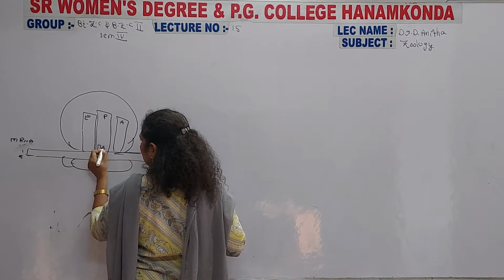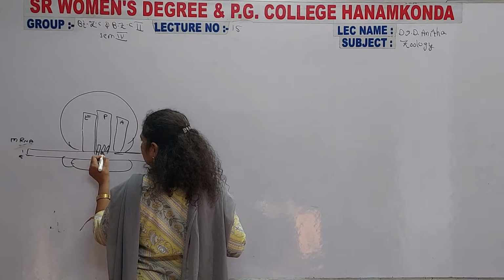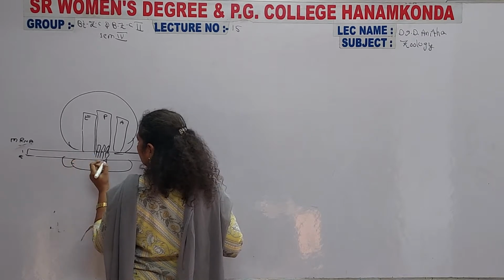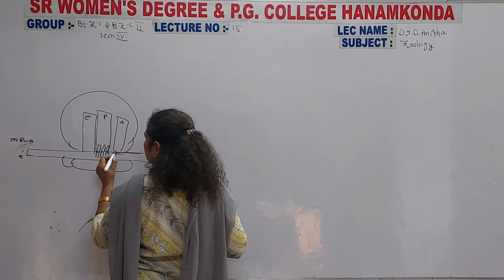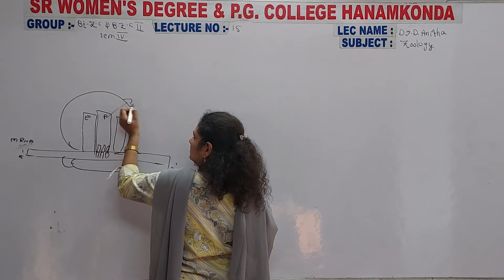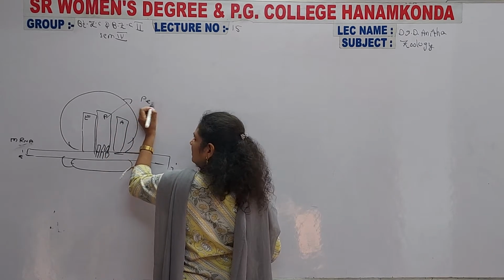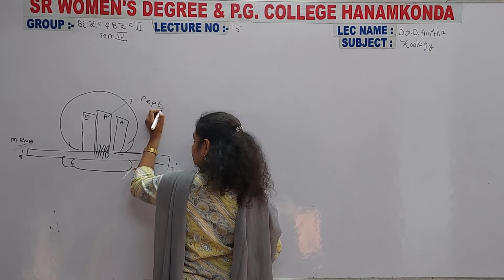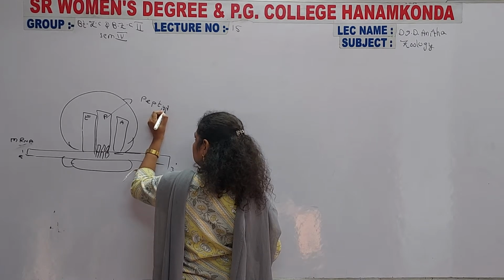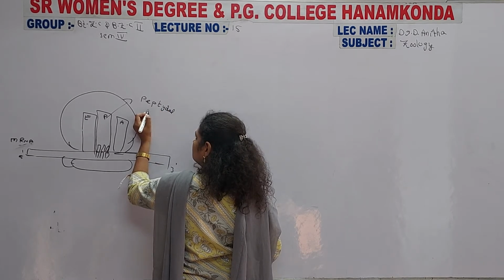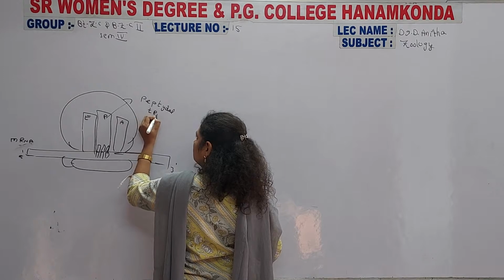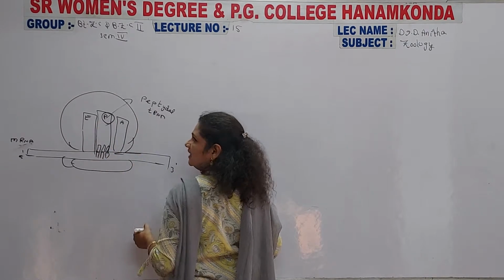Here the codons of mRNA are going to bond with the anticodons of tRNA. P means the peptidyl tRNA site.